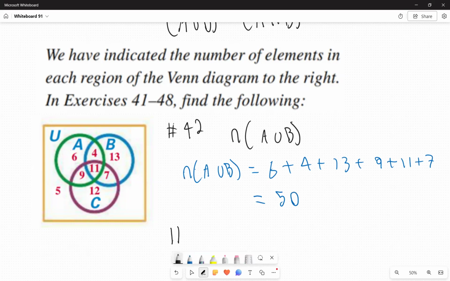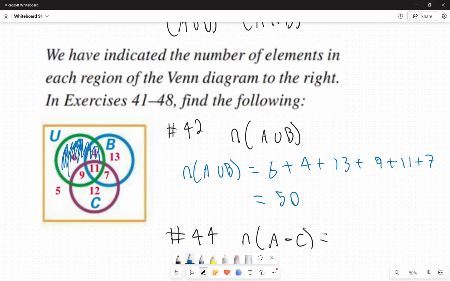And the last one, it's number 44, where we find the number of elements of A minus C. So A minus C is going to be the set of elements of A that are not in C. So it's going to be only this region.